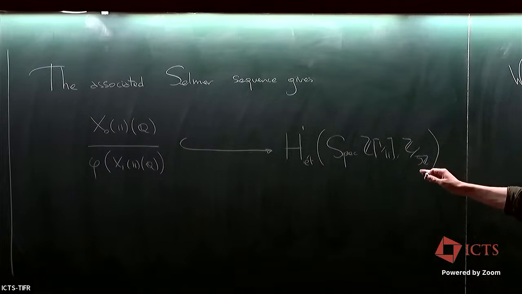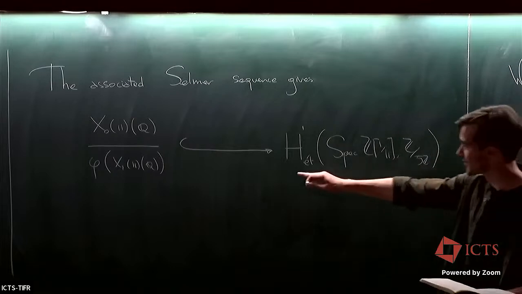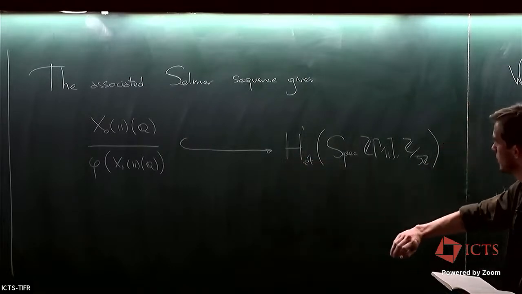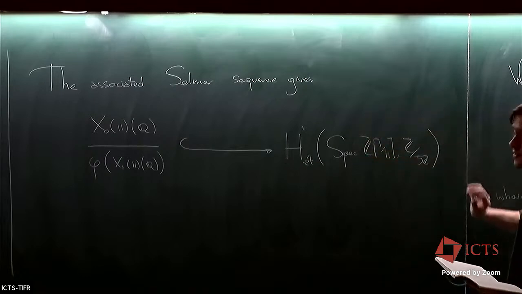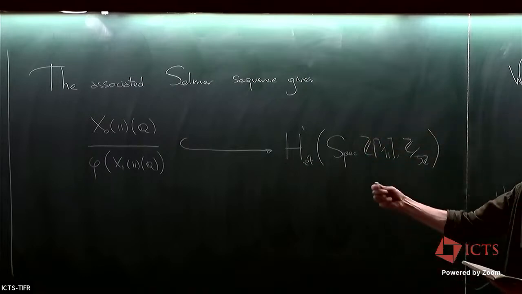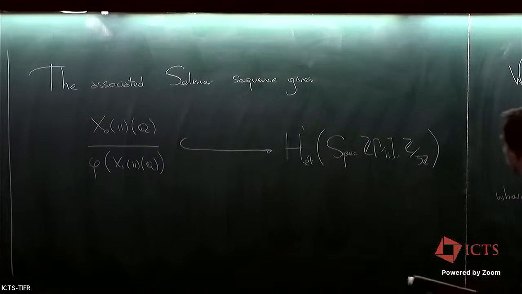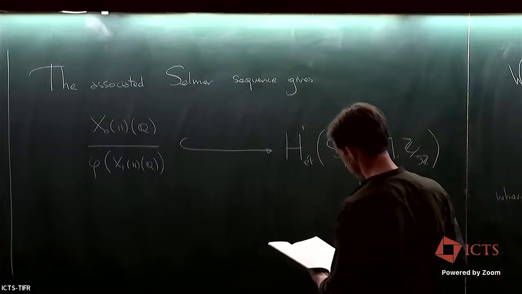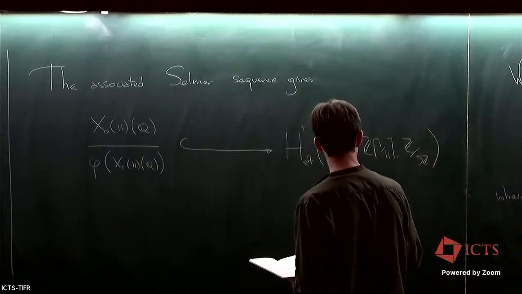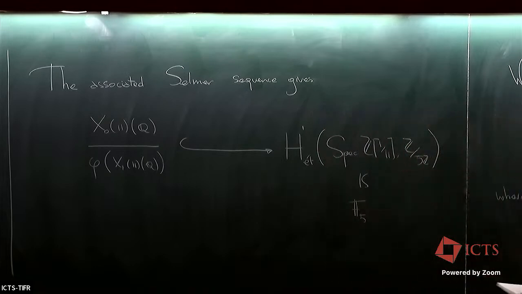If you don't like this highbrow language, it's exactly the same as the Galois cohomology of Q with values in Z mod 5Z that is unramified outside of 11. It's just a change of language. Now that Galois cohomology is very computable. In fact, I can tell you this is isomorphic to F5, meaning it's a cyclic group of order 5, additive group.